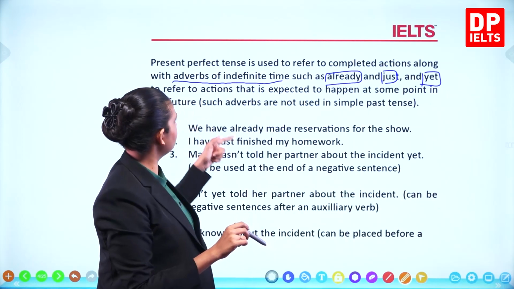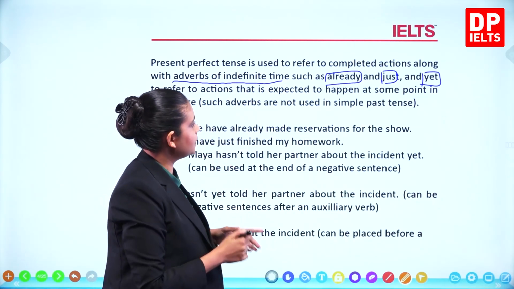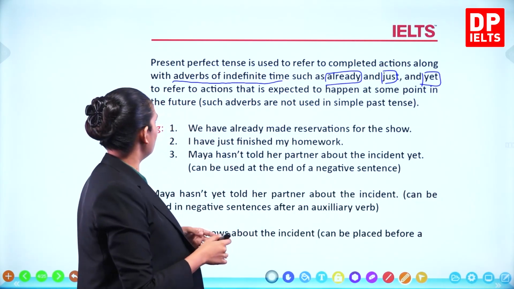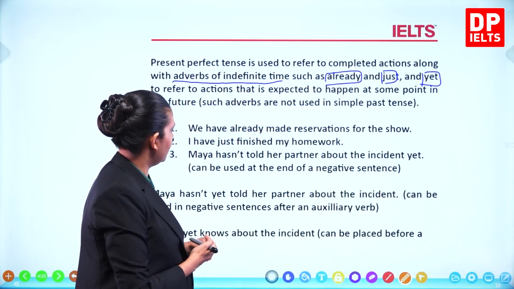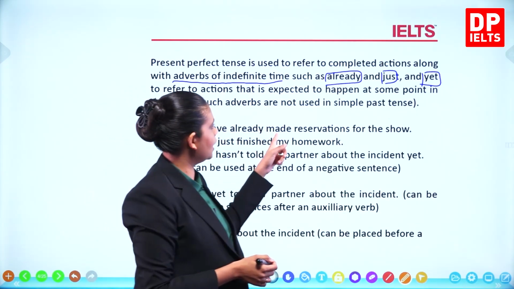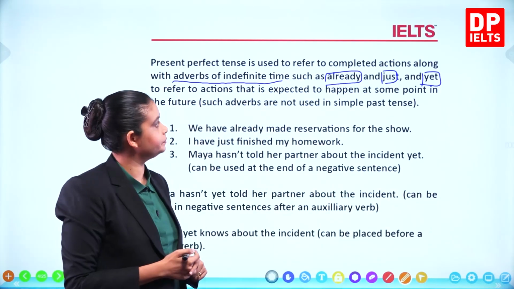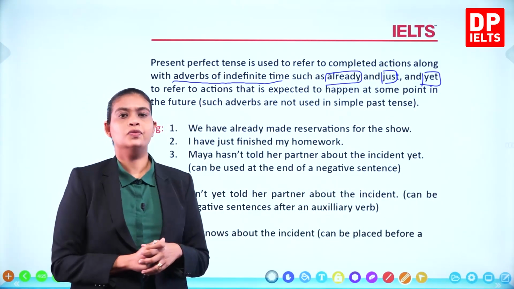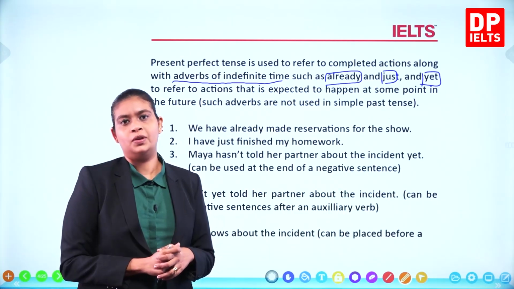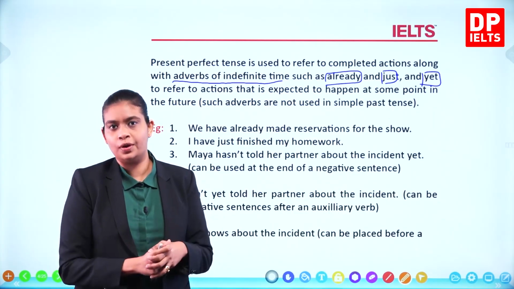And they refer to actions that are expected to happen at some point in the future, right? Such adverbs are not used in the simple past tense, okay? So, which means you don't say she already went, she has already gone, right?